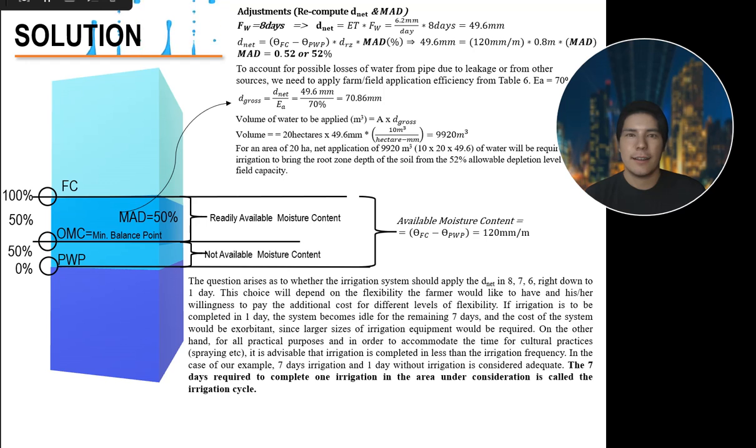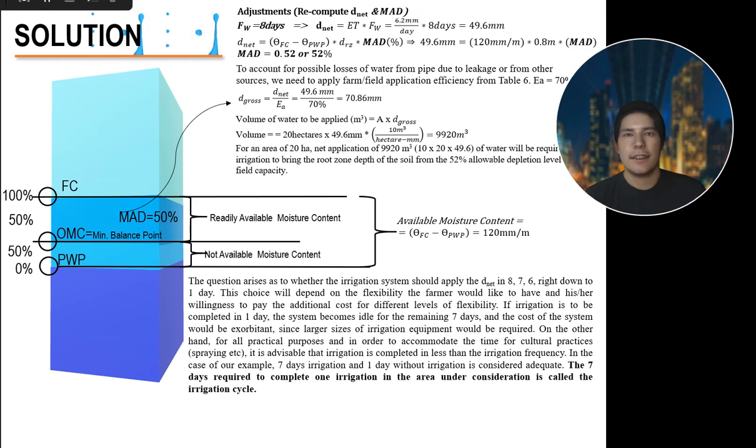This choice will depend on the flexibility the farmer would like to have and his or her willingness to pay the additional cost for different levels of flexibility. So if irrigation is to be completed in 1 day, the system becomes idle for the remaining 7 days, no? So the cost of the system would be exorbitant, since larger sizes of irrigation equipment would be required.